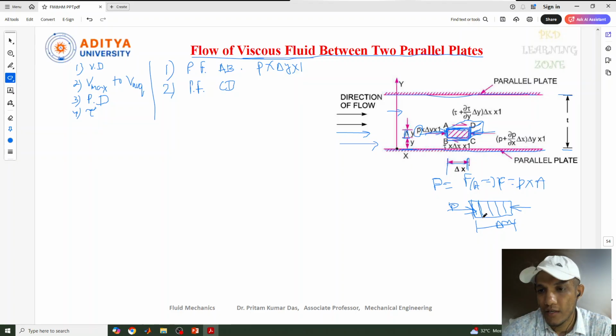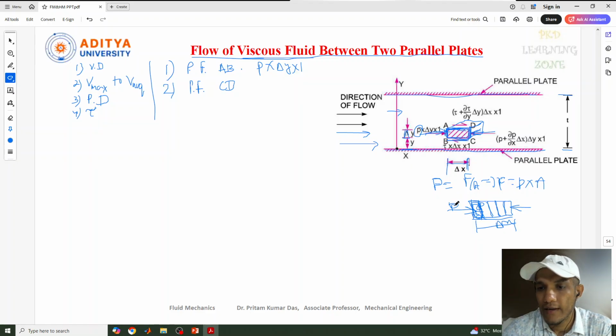So each distance, suppose, is delta P with respect to delta X. That means in each zone a pressure is acting over a distance delta X. This is the pressure gradient we have considered here, delta P by delta X. Similarly delta P by delta X, delta P by delta X, multiple of them. That means the total distance covered is how much?